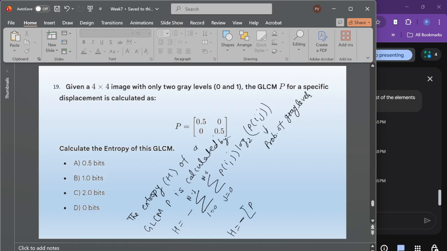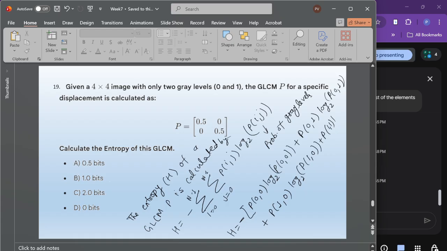Here you will get P00 log base 2 P00, plus P01 log base 2 P01. Similarly for P10 log base 2 P10 plus P11 log base 2 P11.